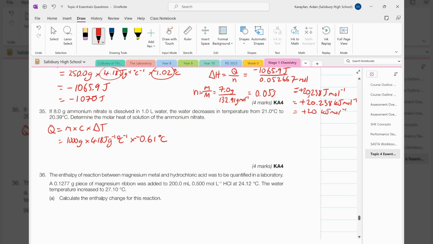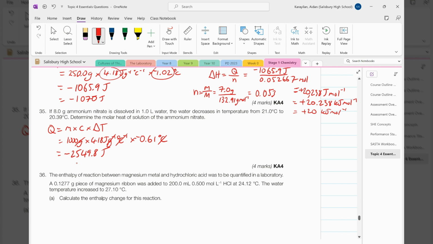So it's giving it to the ammonium nitrate water system. We get 1,000 times 4.18 times negative 0.61, which gives us negative 2,549.8 joules. Again, because grams and per gram per Celsius cancel each other out.